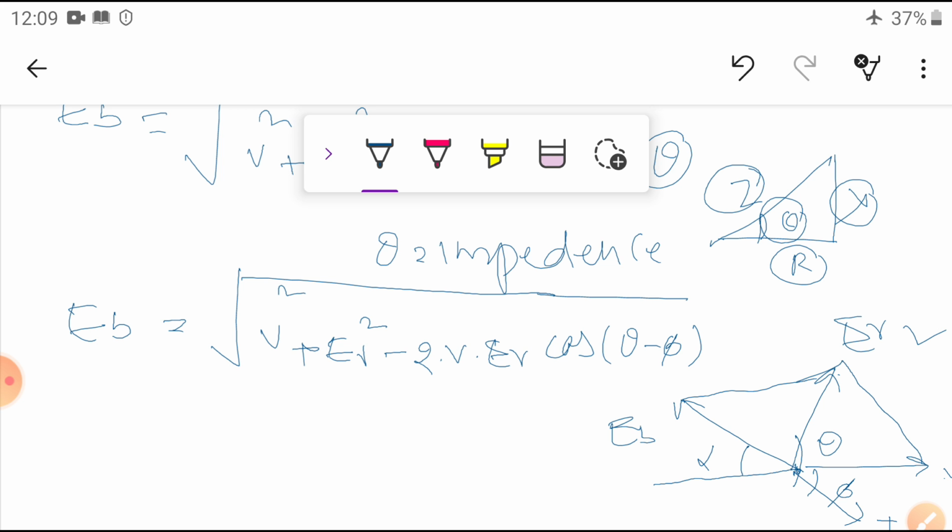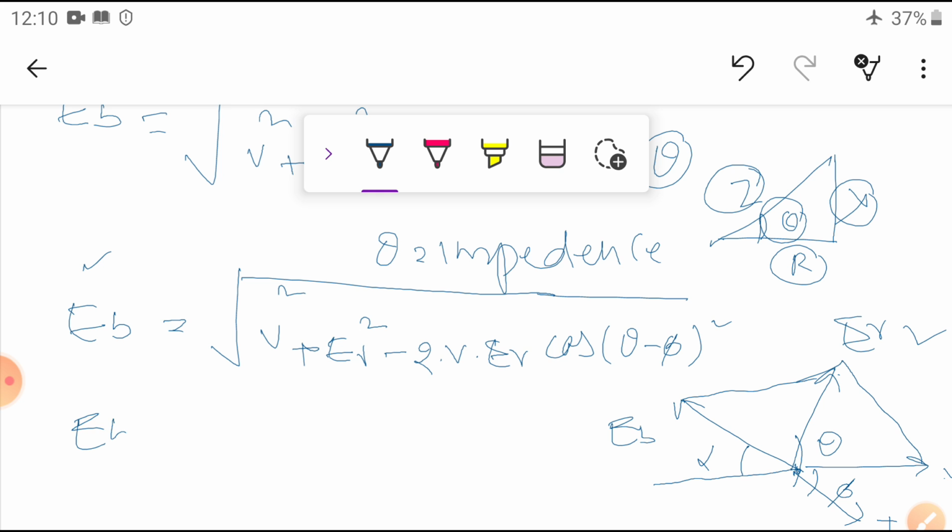So what is theta? Theta is the impedance angle. You can see this is theta, ER versus I, and phi is this minus this angle.